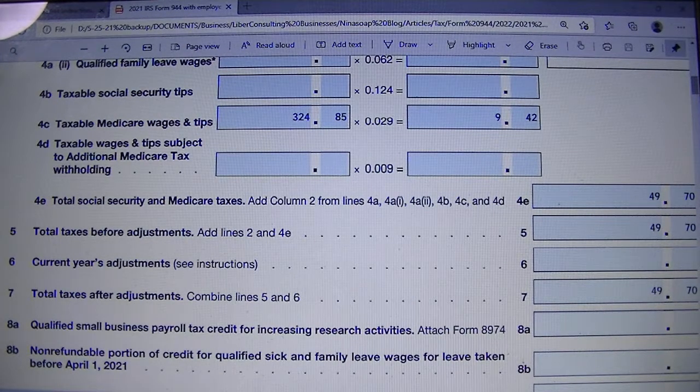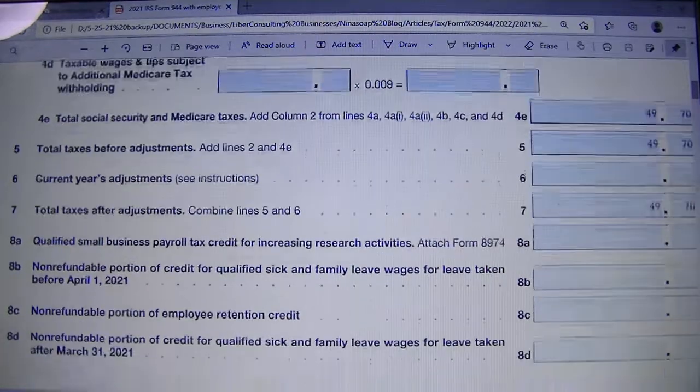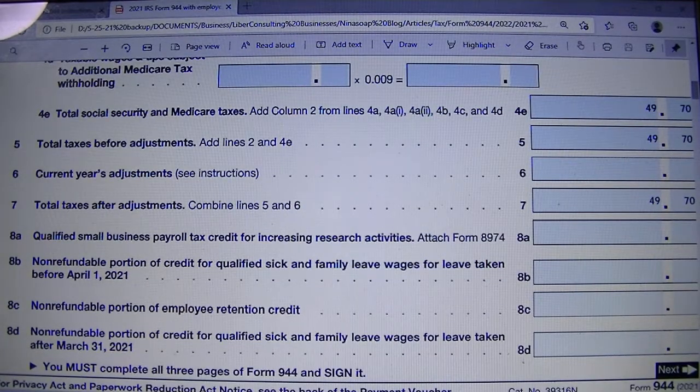If you think a line might be applicable to your situation and you don't understand it, you read the instructions for that line. But for a simple business, a lot of things may not be applicable.